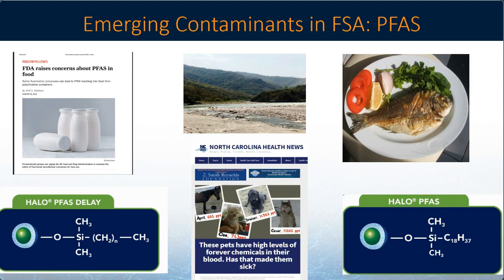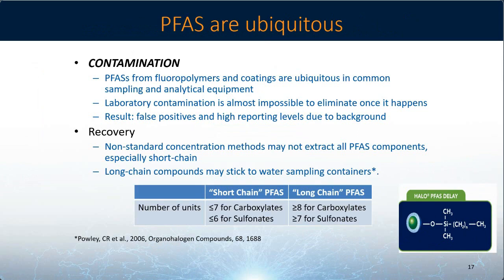It is composed of two columns, the Halo PFAS delay column and the Halo PFAS analytical column. Why do we need the Halo PFAS delay column? Specifically because PFAS are ubiquitous. They're in almost everything. They're in Teflon. They're in your HPLC. So it's very difficult to analyze these compounds without the potential of contamination.